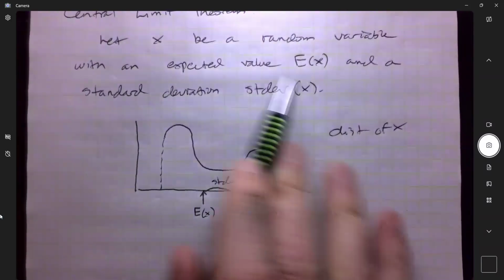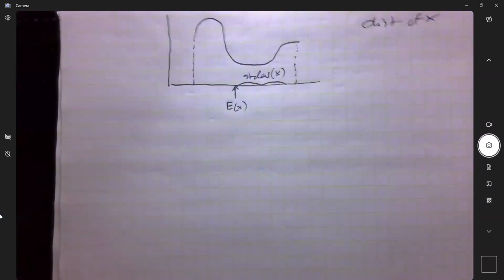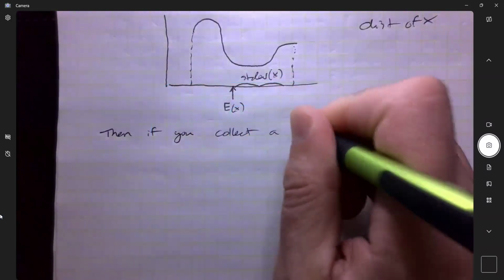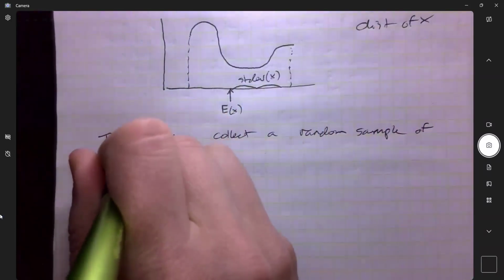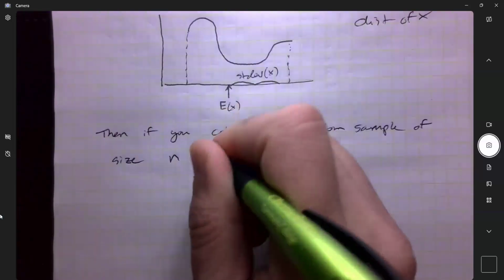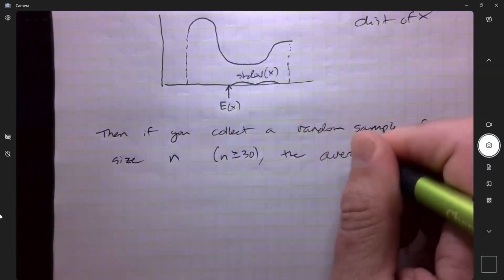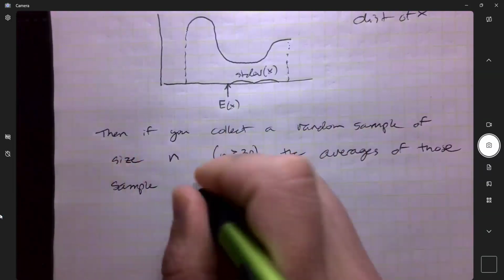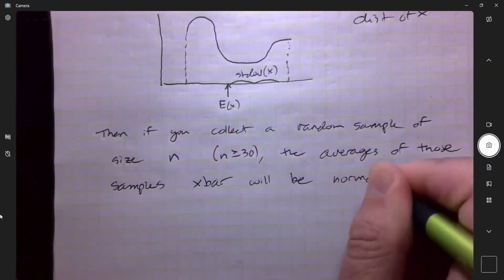So if we have this condition where X is a random variable, it has an expected value and a standard deviation, then if you collect a random sample of size n, where n is large enough, n is usually at least 30, the averages of those samples, X bar, will be normally distributed.